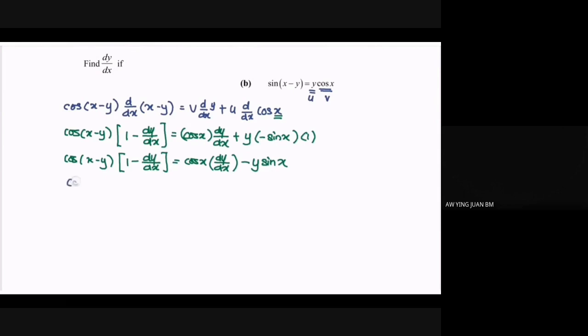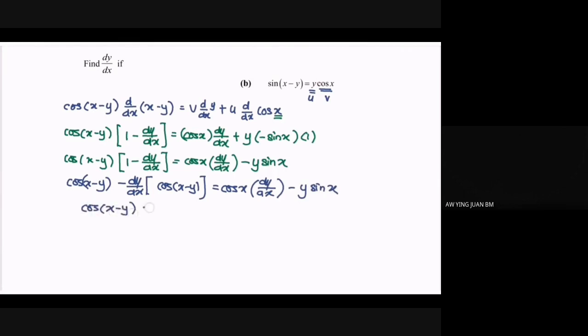So we will have cos x minus y minus with dy dx bracket cos x minus y equals to cos x dy dx minus y sin x. So rearrange and simplify. So we will have cos bracket x minus y plus y sin x equals to cos x bracket dy dx plus cos bracket x minus y dy dx.